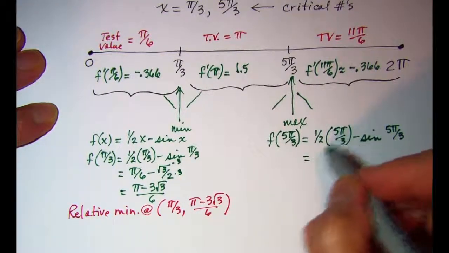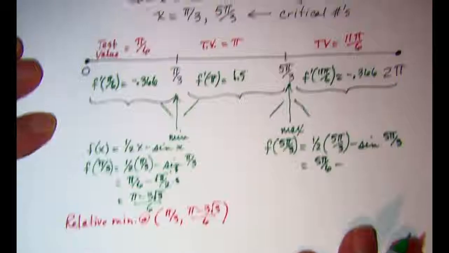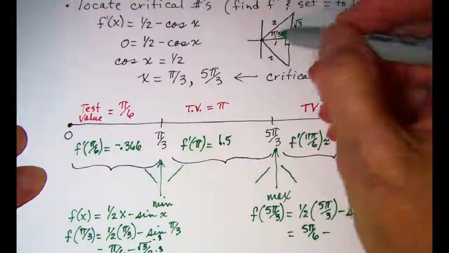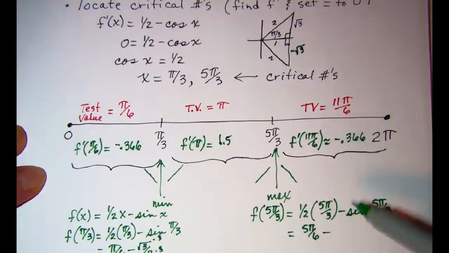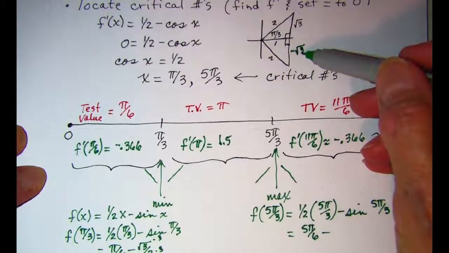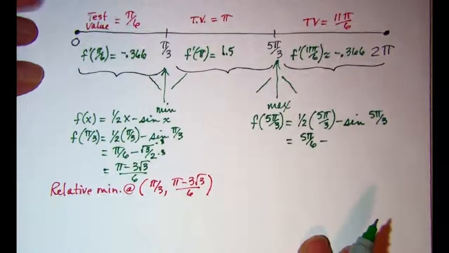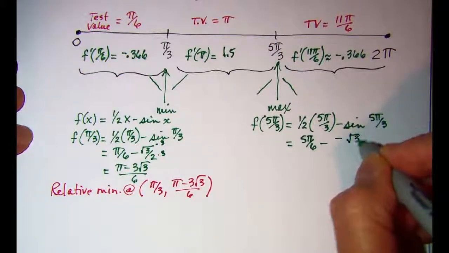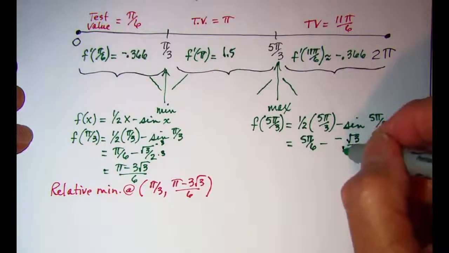This is 5 pi over 6 minus, and the sine is going to be a negative root 3 over 2. And I'll need to get a common denominator again.